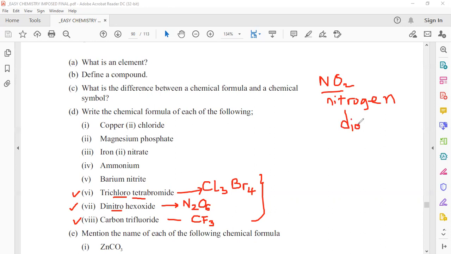There are so many formulas of these non-metals that we can write, but this is just the rule that we follow.